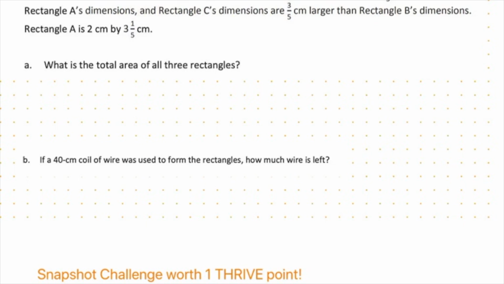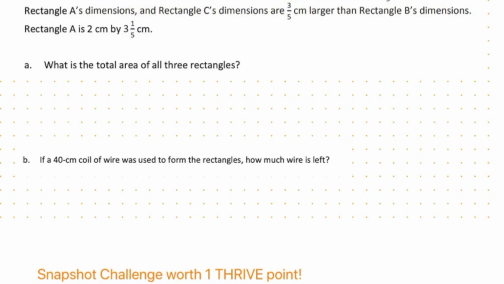Excellent job. Now go back to rectangle B. And the question says, rectangle B's dimensions are 3/5 centimeters larger. So if it's 3/5 centimeters larger, what are you going to do to the dimensions of rectangle A to find the dimensions of rectangle B? Think about it. If it says larger, what operation are you going to do?